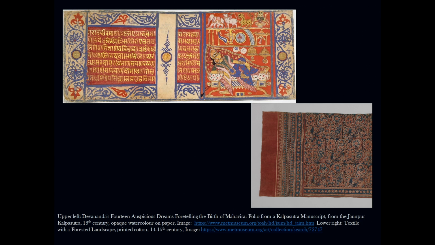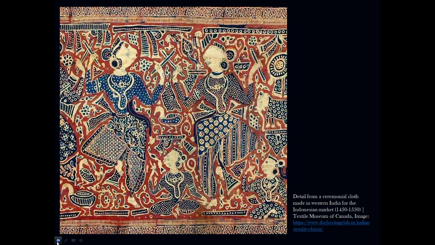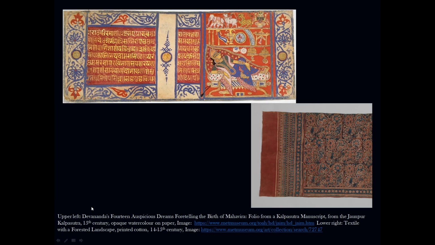We also find them in the central frame and in the borders. The ways in which the central frames are made in these textiles have resonance with the central frame in other media. And in the borders, the kind of motifs we find in one place, we find resonance of those borders in the borders of the textiles as well.